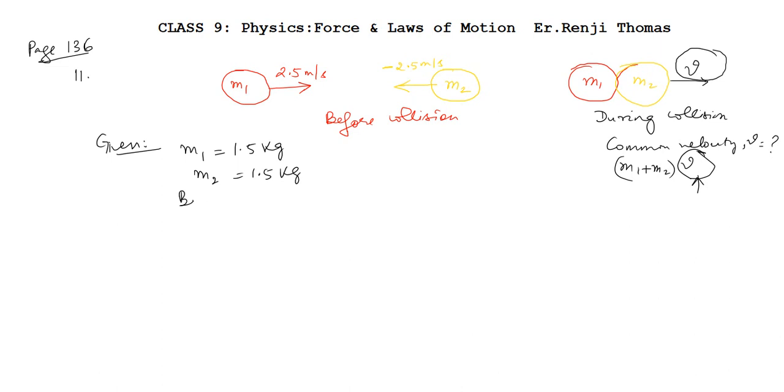Before collision, u1, the initial velocity of the first object, is 2.5 meter per second. Before collision, the initial velocity of the second object, u2, is equal to minus 2.5 meter per second. I am taking the minus sign because they are in opposite direction.